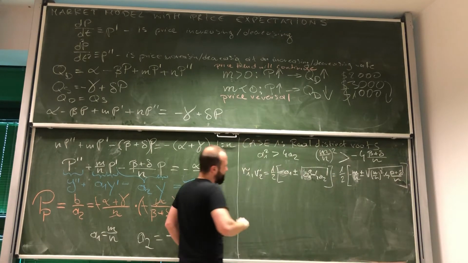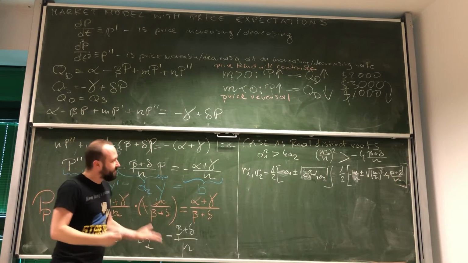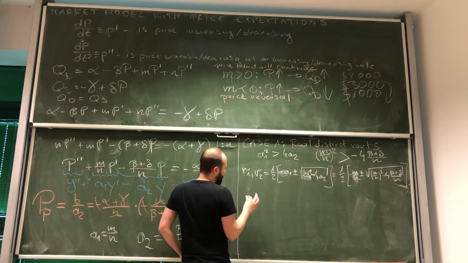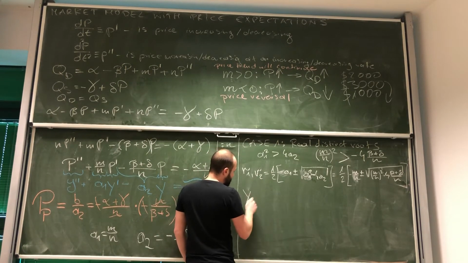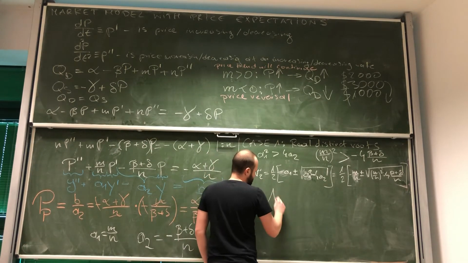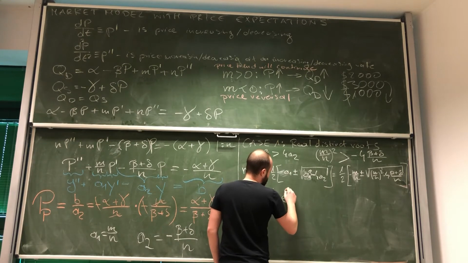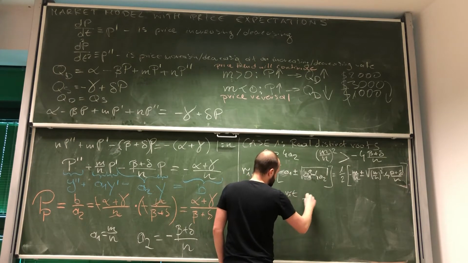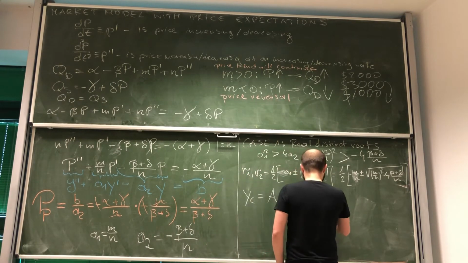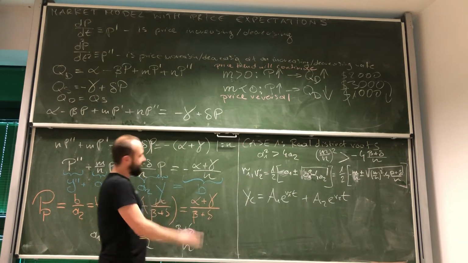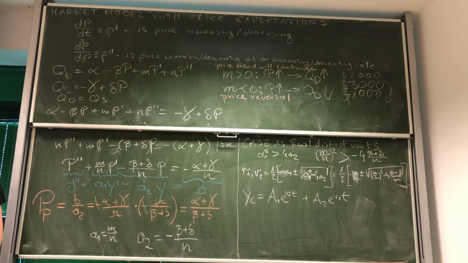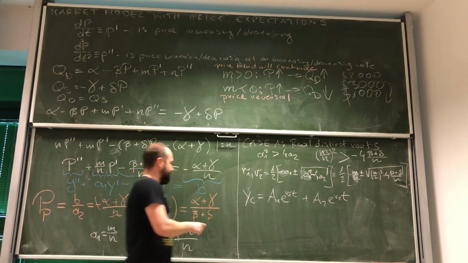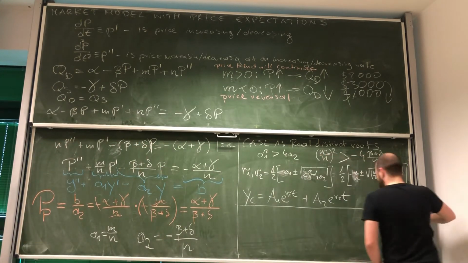In this case, the complementary function is given by a1 times e to the power r1t plus a2 e to the power r2t. So this would be case number 1. Now, how will case number 2 look?